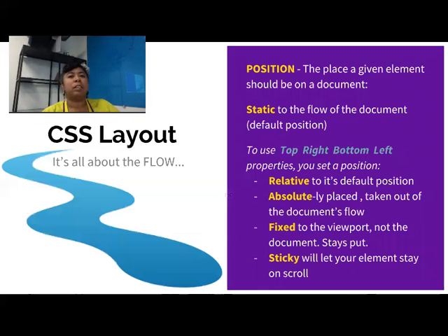Okay, so how many of us touched position a little bit yesterday? Tiny bit? Okay, so if we think about position as a place any given element should be on a document. So if we think about this room as an HTML document, right? Our positions right now are set based on where we sat, right? And where the chairs were, right?